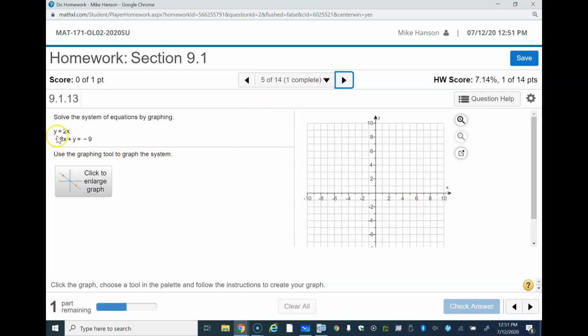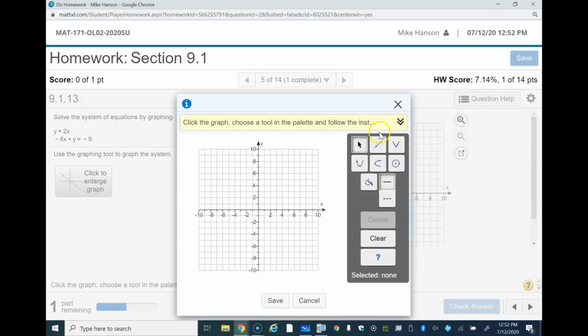And the second one is the one you have to change into y equals. So you will move this negative 8x over to here by doing the opposite, which is addition. Then you can put this in your calculator, get your 2 points, graph it. Make sure again when you graph that your ordered pairs match the two numbers you found in the calculator.